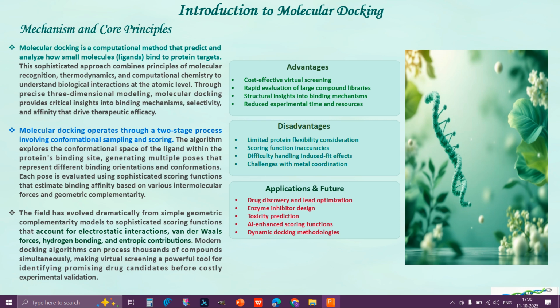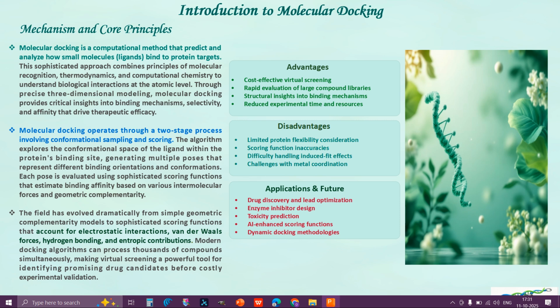Suppose you have taken one novel compound and you have screened it against a thousand target proteins: acetyl coenzyme A carboxylase is there, glucokinase is there, protease is there, MMP9 is there, several proteins are there. But you will find that your novel compound, the compound which you wanted to test, is binding more effectively to one of the targets.